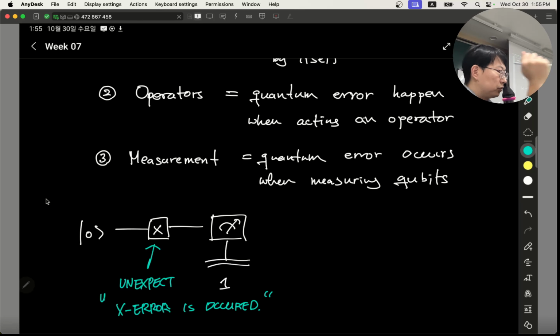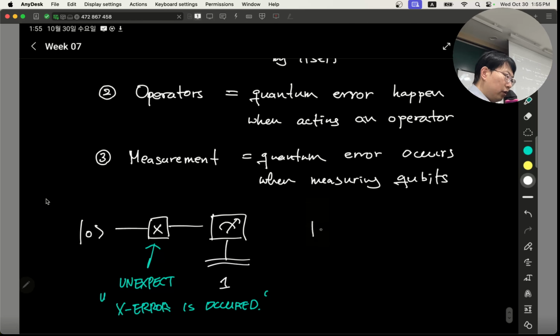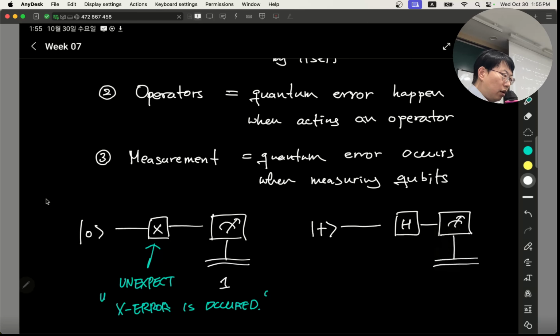Now, the same thing could happen in a similar fashion. Say I expect the plus state, and after taking the Hadamard, the measurement outcome should be 0, but it was 1. Then I could expect that there's something going on here, which is a gate applied unexpectedly.